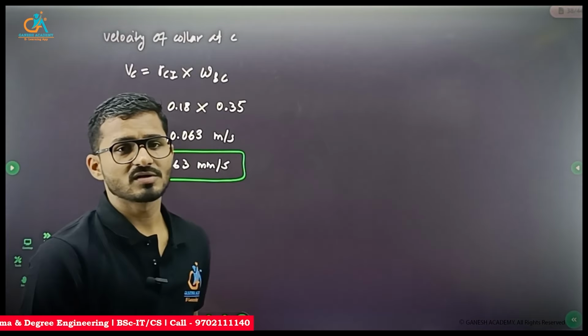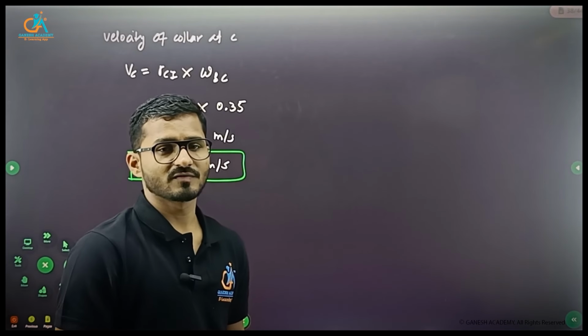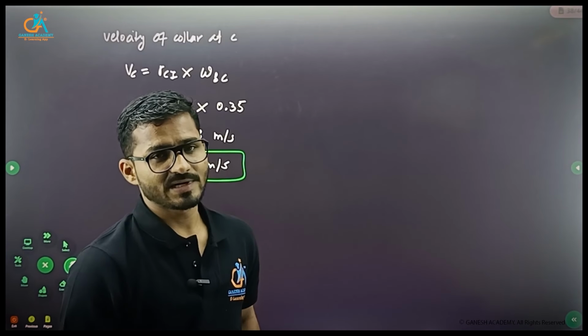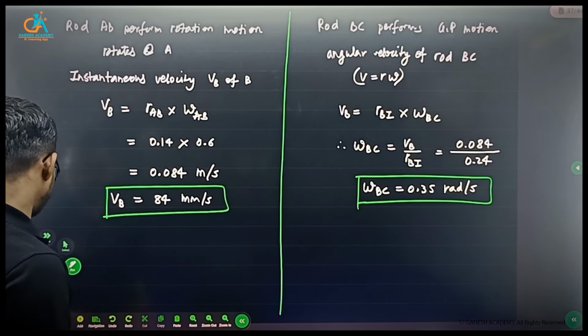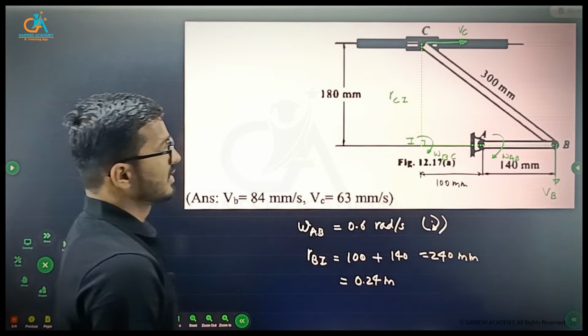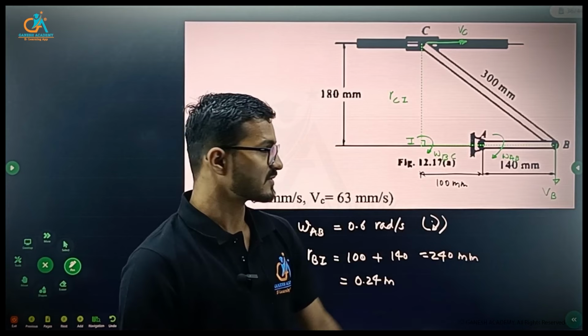So likewise, you can solve the kinematics of rigid bodies just by understanding the motion of the connected bodies, and by using simple relations and the sine rule as well.